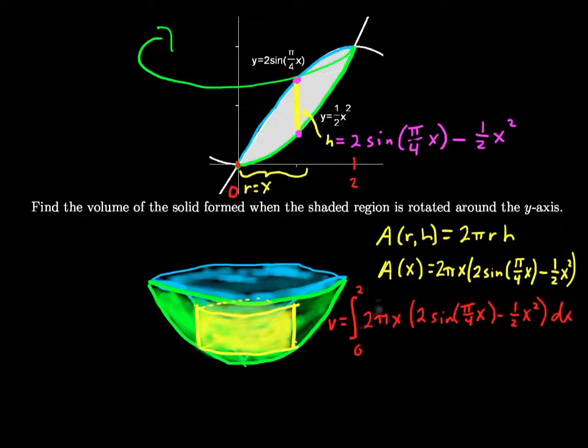And let's bring the 2 pi out in front like we always have been. So that's going to equal 2 pi multiplied by the integral from 0 to 2 of x multiplied by 2 sine of pi over 4 x minus 1/2 x squared dx.